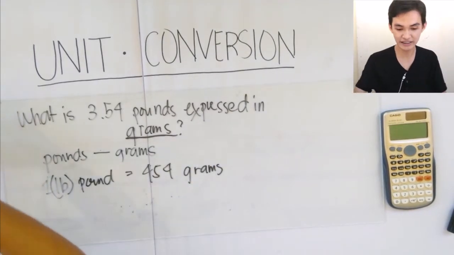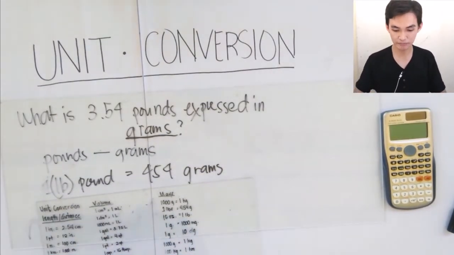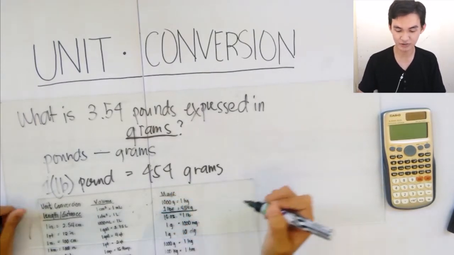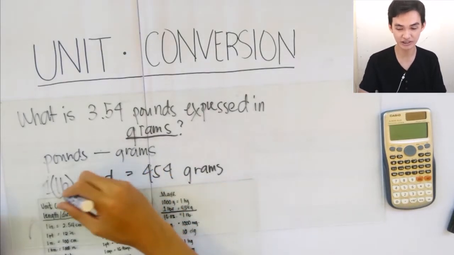As you can see here, the table conversion of mass from pounds to grams is over here, which states that 1 pound is equal to 454 grams, and that is what I used.